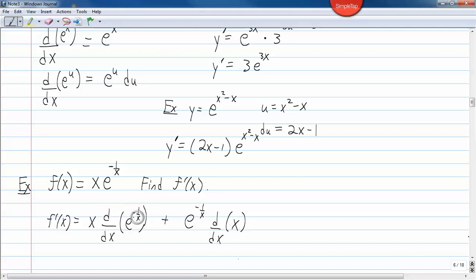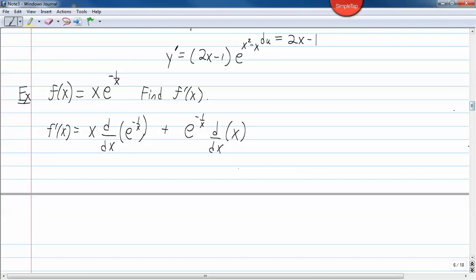Alright, but we have to be careful when we take this derivative here, because the power there is negative 1 over x. So when I take this derivative for this part, I have to let u equal negative 1 over x. So what's the derivative of that? Well, you want to think about that like it's negative x to the negative 1, right?